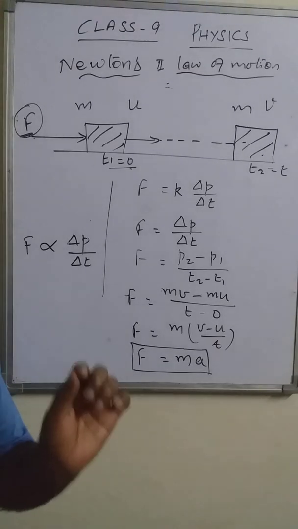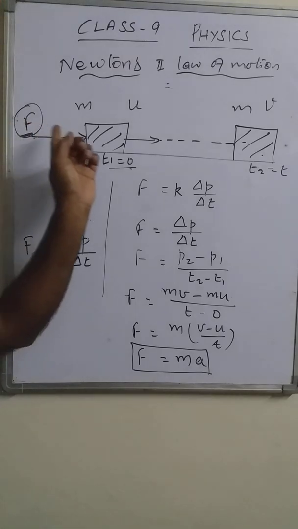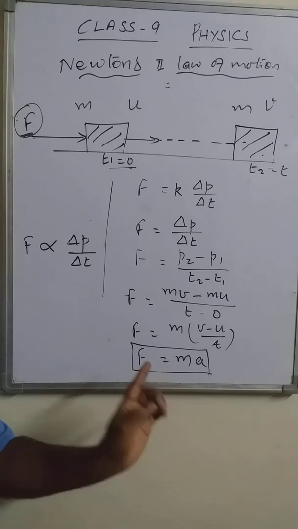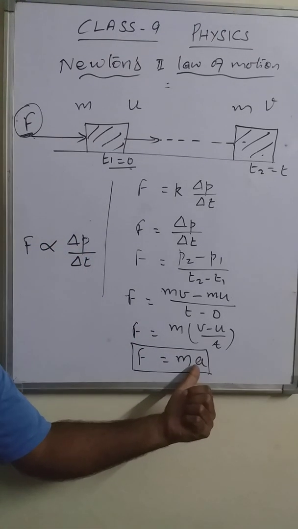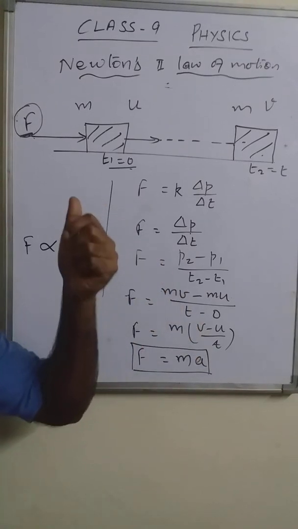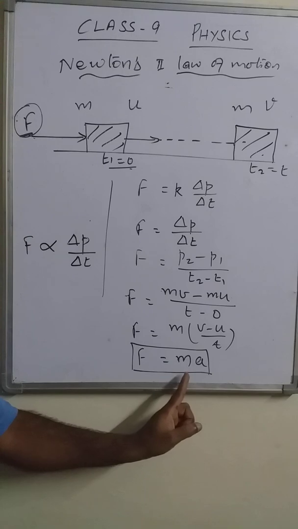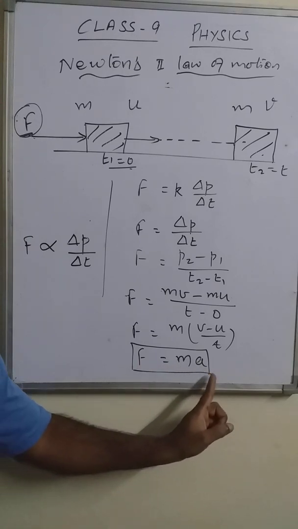Force is equal to mass into acceleration. Whenever an external unbalanced force is applied on any object, it produces acceleration, and that force can be calculated by using this relation F is equal to m into a.